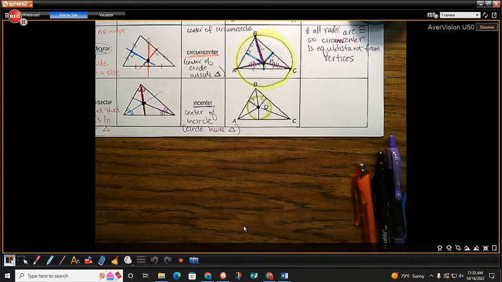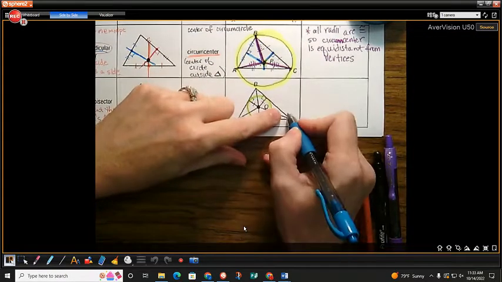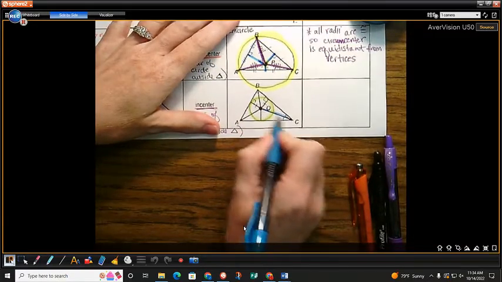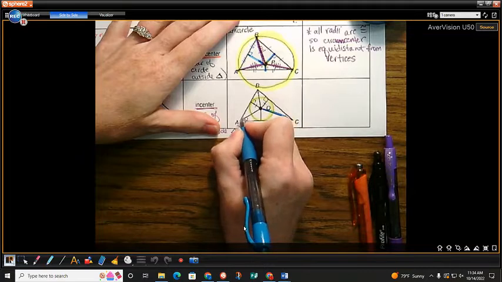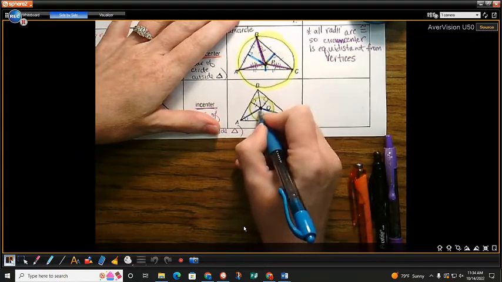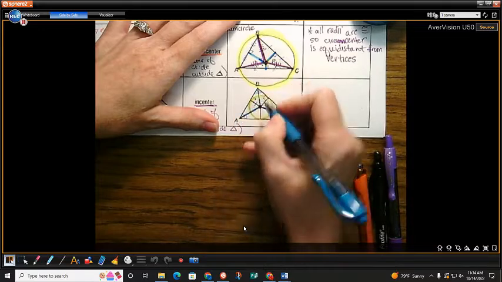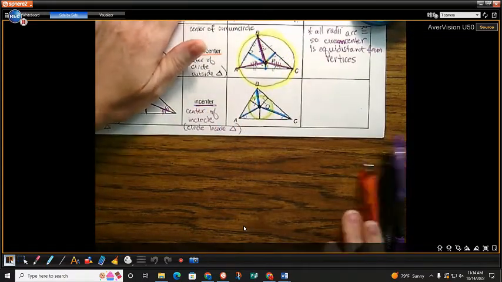What do angle bisectors do? Find one of the angles, and that looks bisected, so this must be one of the angle bisectors. And this looks bisected, so this must be one of the angle bisectors. And this looks bisected, so that must be one of the angle bisectors.